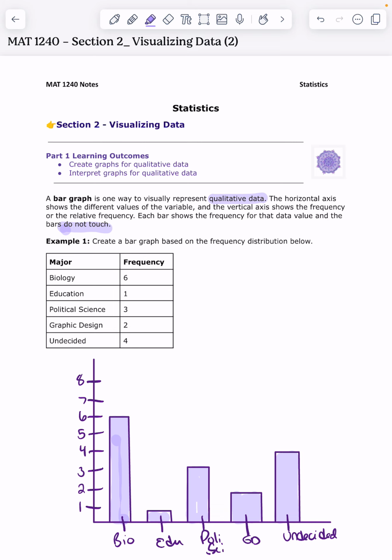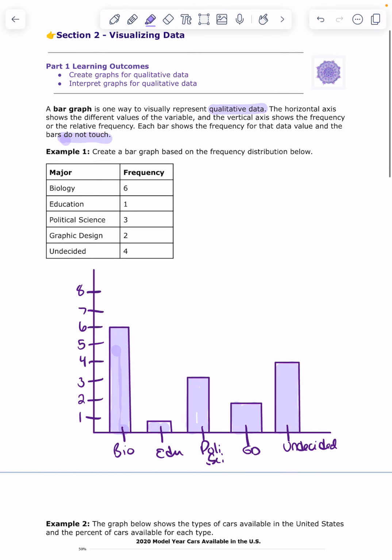And that's it. We have a graphical view of the data. So the frequency table that we are given is helpful, but it's also really helpful to see visually what's going on.